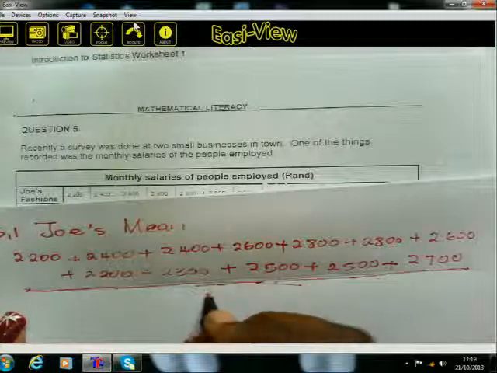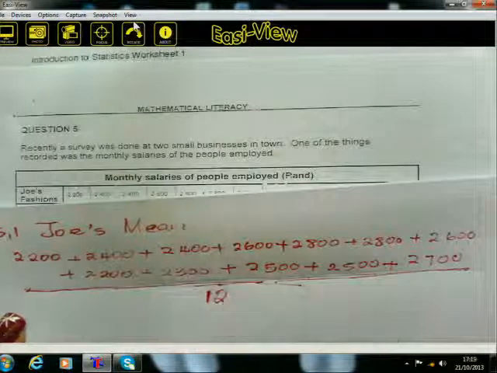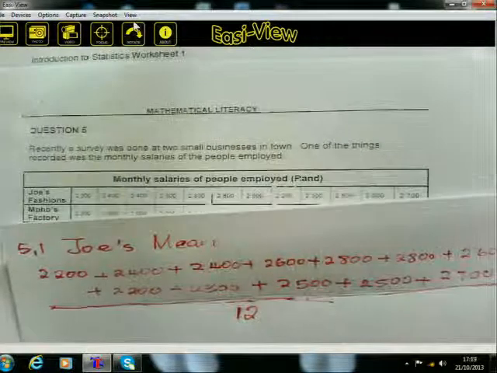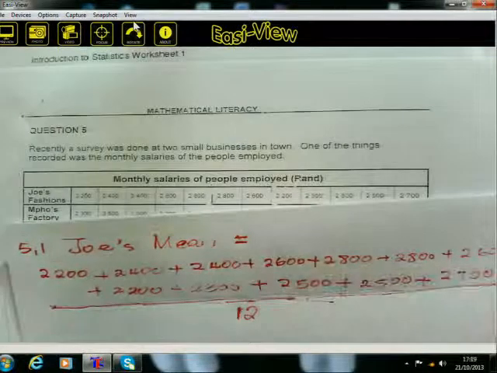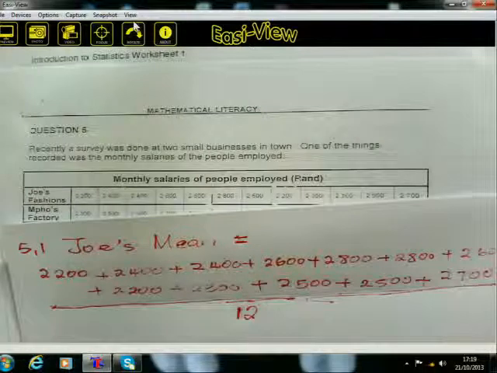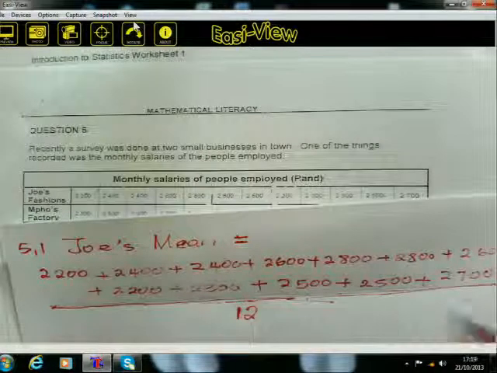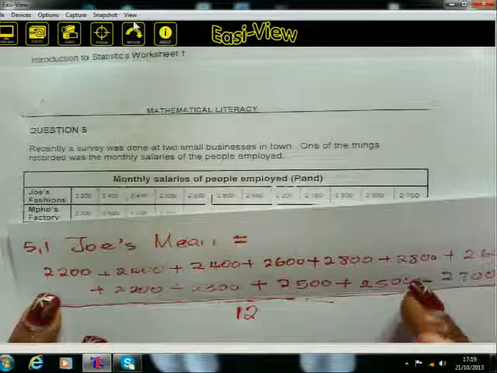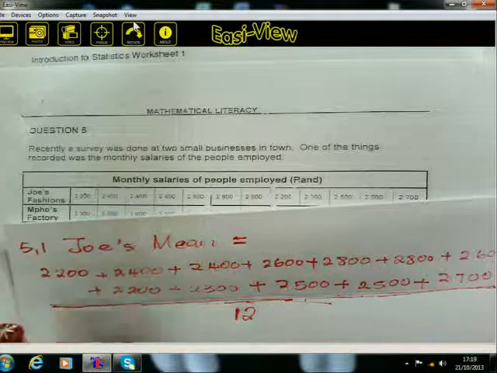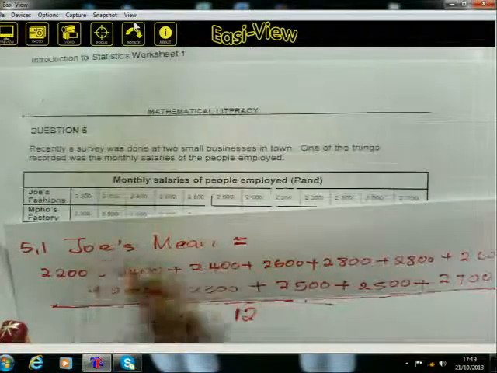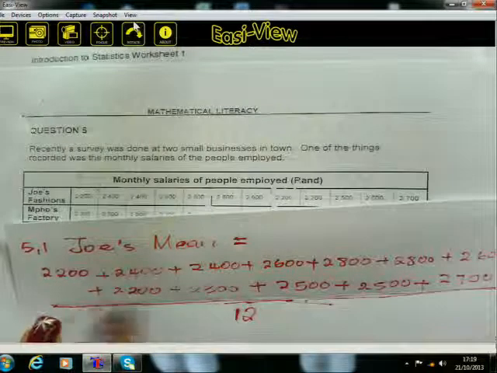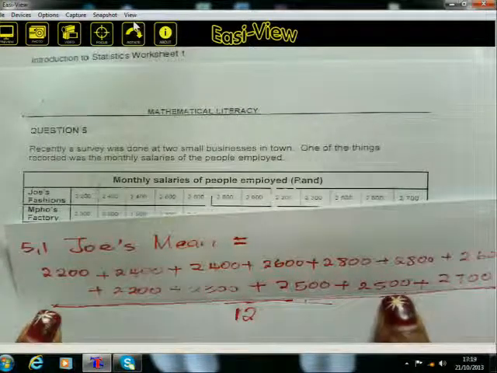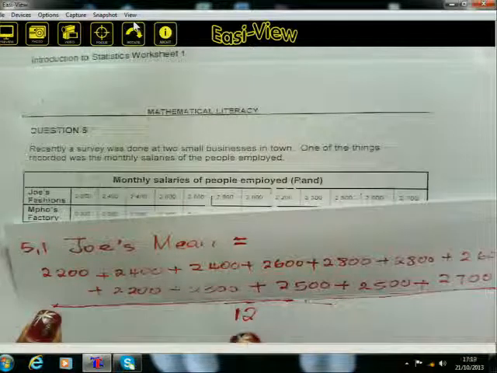By 12. Don't forget your equal sign there. Because we were dealing with lots of numbers here, that is why we have started here. So you need to show us your mean equals to, then you can start here. But all in all should be divided by 12.